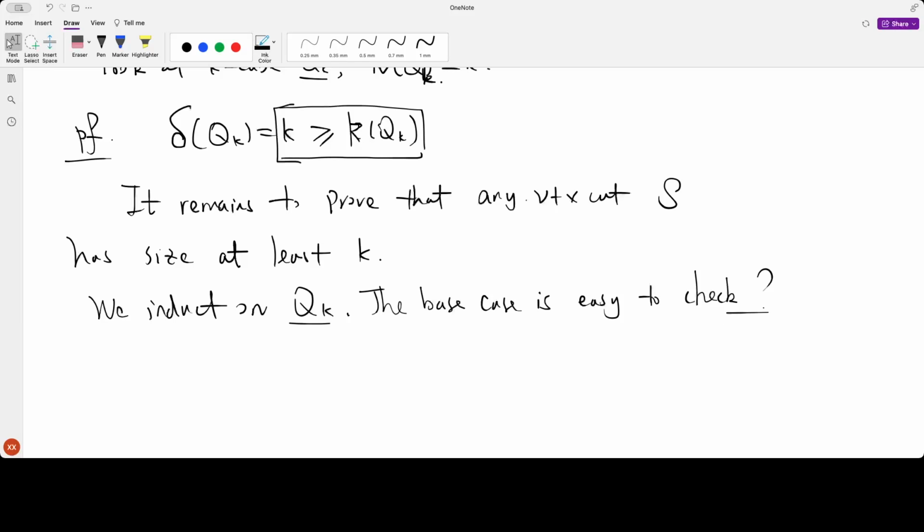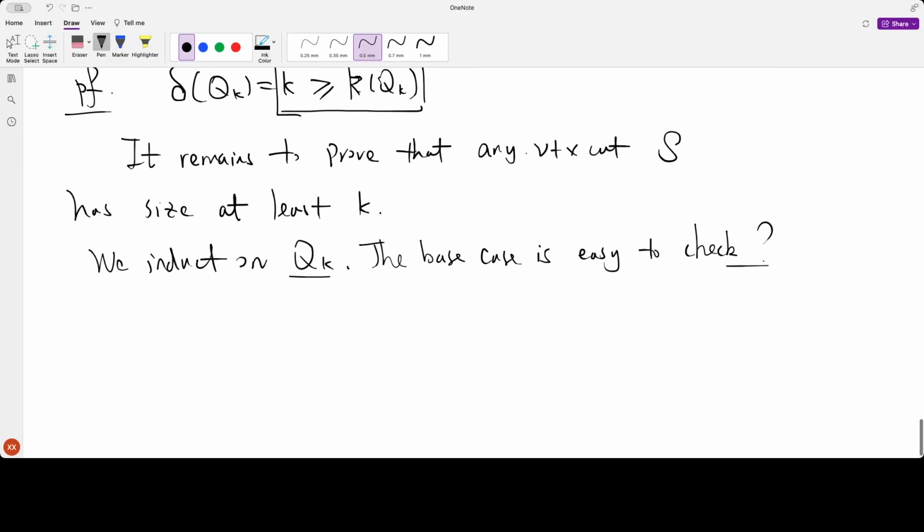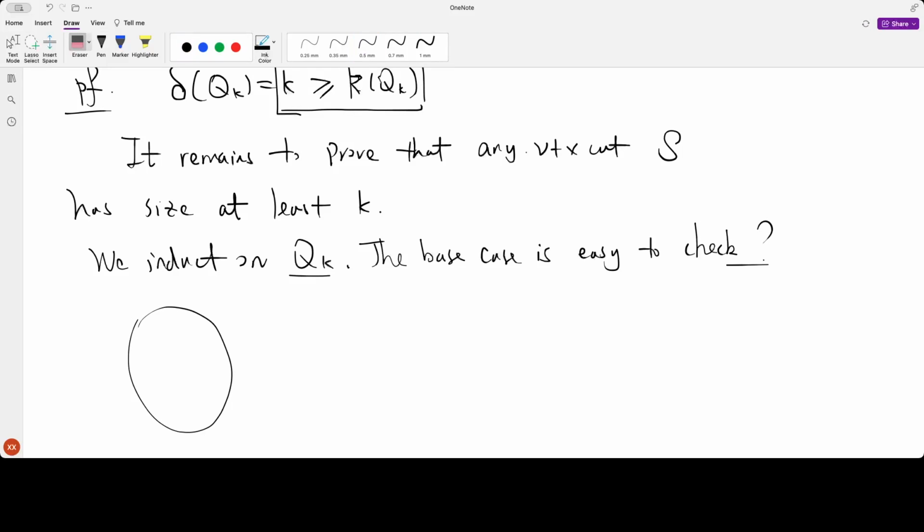So there is one thing about the structure of QK. When you fix the first coordinate, for example, here are all the vertices with first coordinate 0, and here are all the vertices with first coordinate 1, and the remaining coordinates are free.